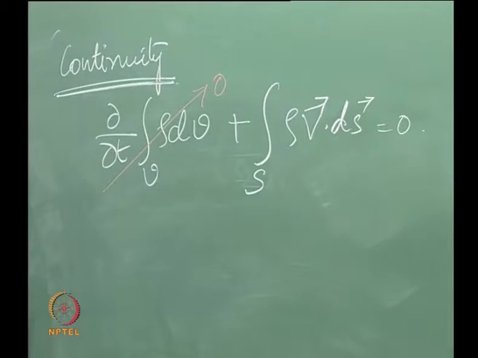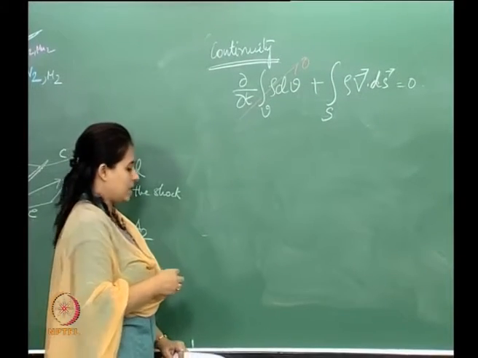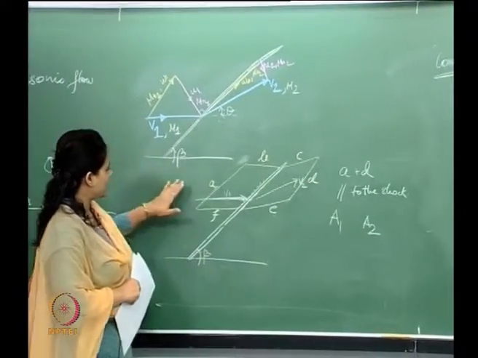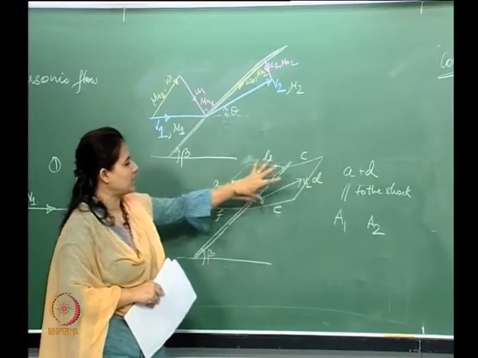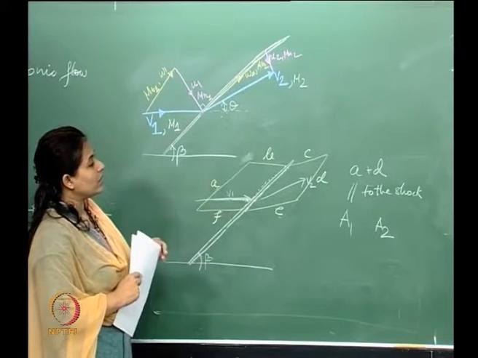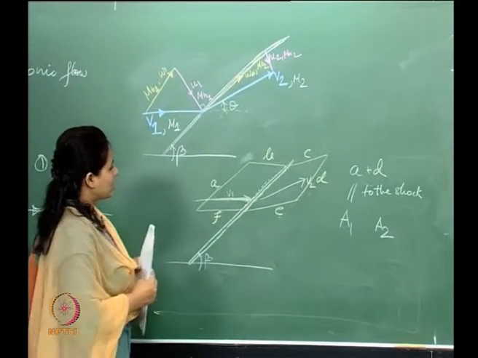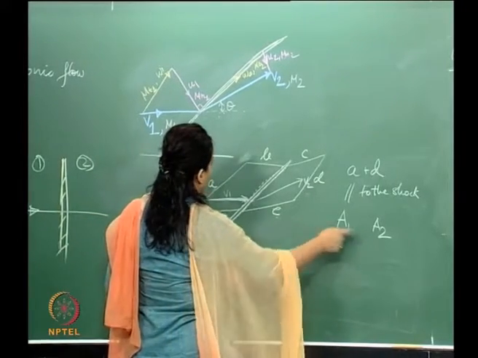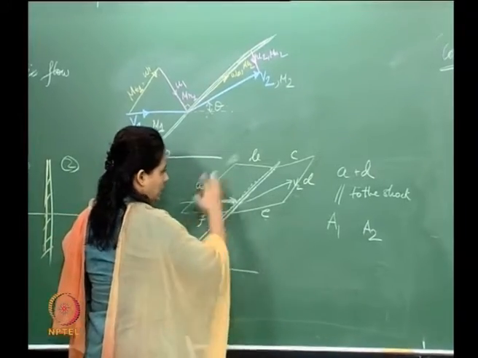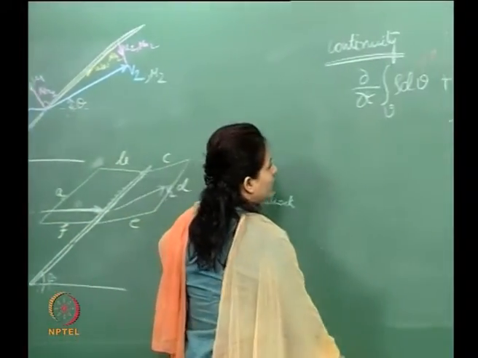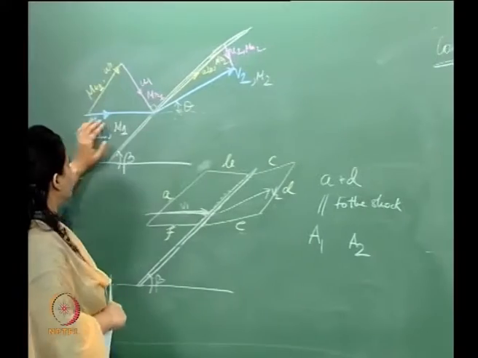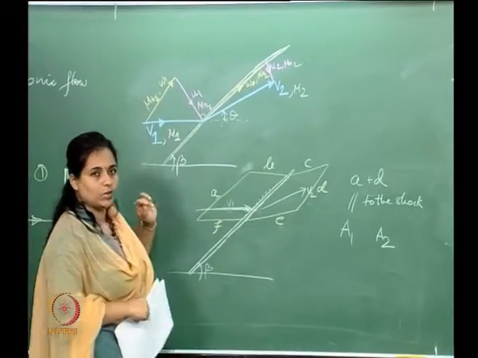Now, if you recall what we did in the earlier case, essentially we have the velocities, this is the V1 impinging on this face and this is my total control volume. Right. Now, if you consider this in this case V dot ds. So, areas, like I said, areas is A1 and A2. I will just write it for this face and all these faces, and see what we get, right. We have two components, one is U1 and one is W1.